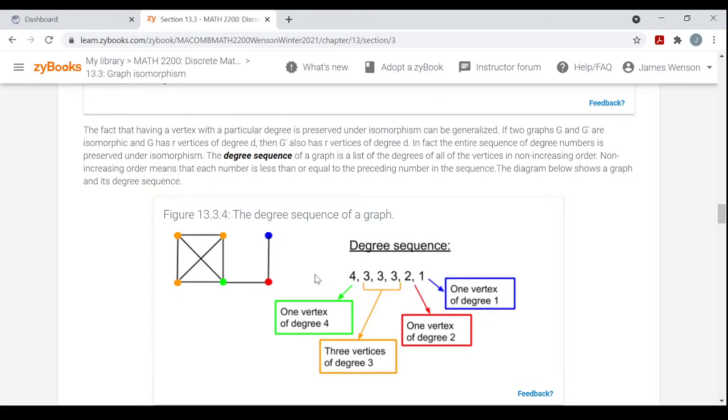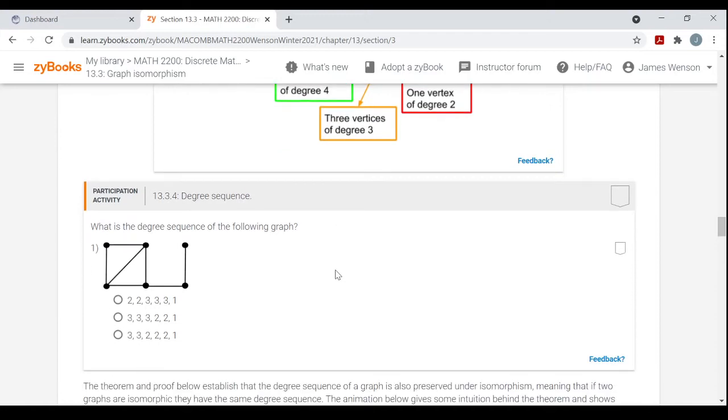And as you probably have guessed, if two graphs are isomorphic, then they will have the same degree sequence. Because again, every vertex in one graph will correspond to a vertex in the other graph with the same degree. So you should have the same degrees all the way around. So when I put them in order from greatest to least, it'll be the same numbers in the same order.